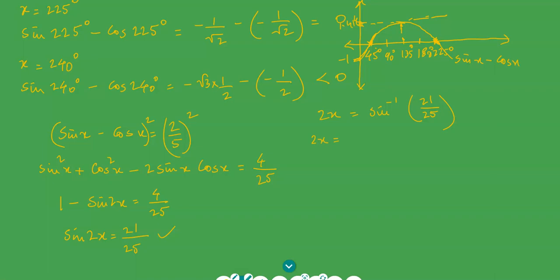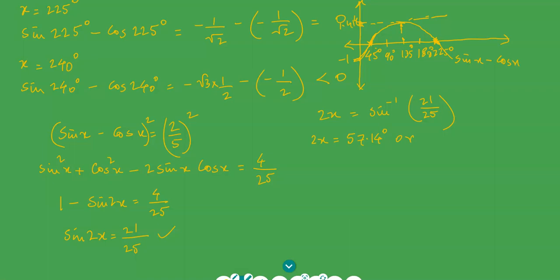Okay, so let us first of all find the values of the angle 2x. The first value that we get using our calculator is 57.14 degrees. It is sine 2x equal to 21/25.